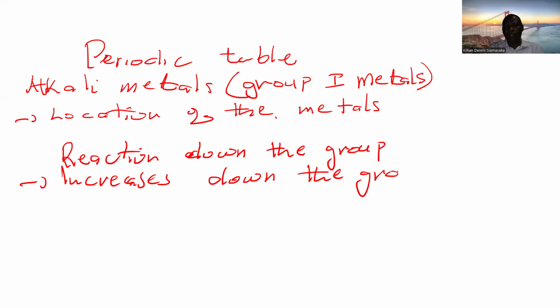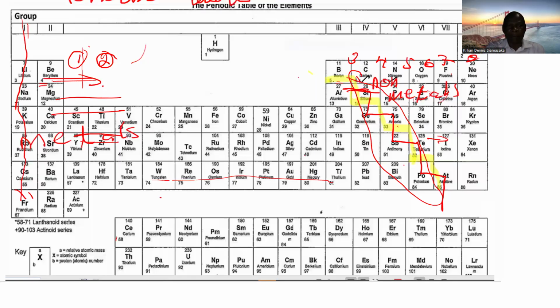So as you are going down the group, the activity increases. For example, we expect lithium to be less reactive than potassium, if we compare this. So potassium will be more reactive than lithium.